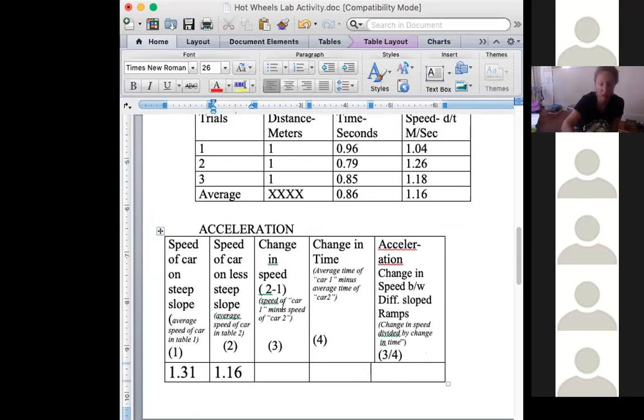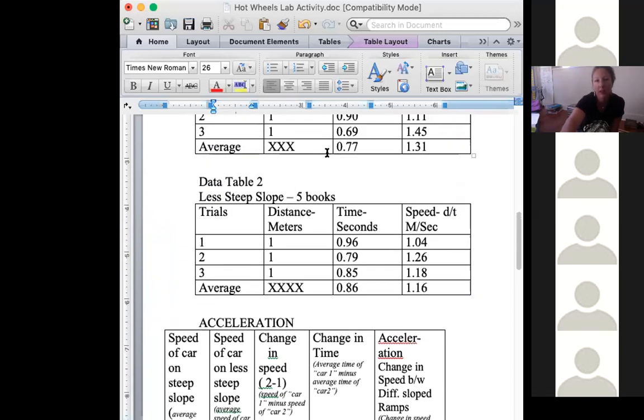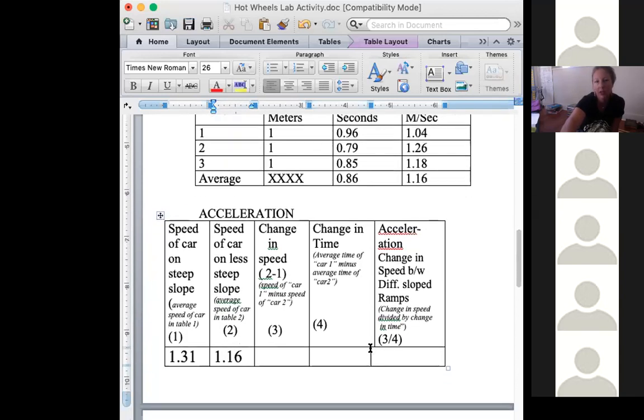You're going to subtract 2 minus 1. Here, you're going to get the change in time. So you're going to take your average time of car 1 minus the average time of car 2. Well, here's your average time of car 1. Here's your average time of car 2. All right? So it tells you what to do right here.